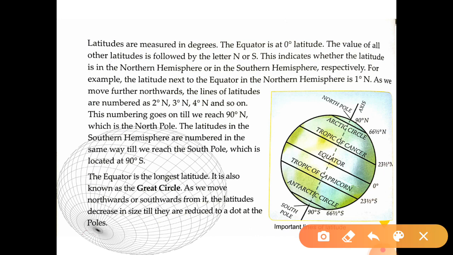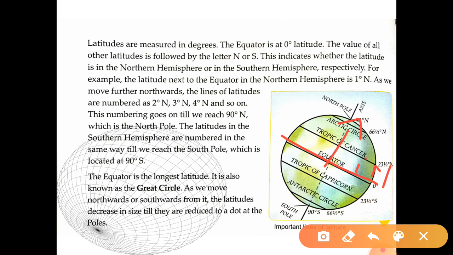This indicates whether the latitude is in the northern or southern hemisphere. For example, the latitude next to the equator in the northern hemisphere is 1 degree north.